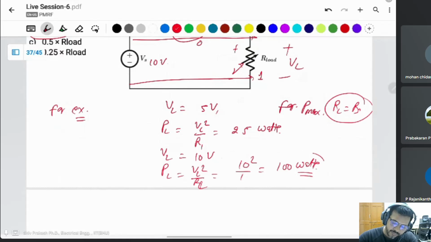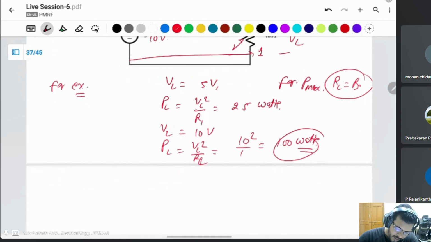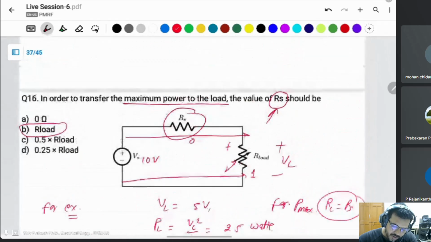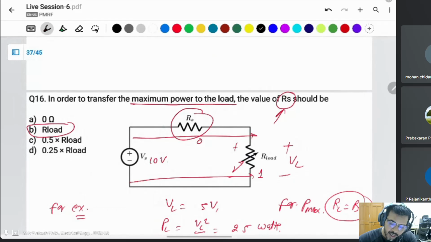Then what happened? In power maximum, RL is equal to RS, not RS is equal to RL. It's not equal to this one. Always see whether the load is variable. Suppose the load is variable, then the load resistance should equal the source resistance for P maximum.